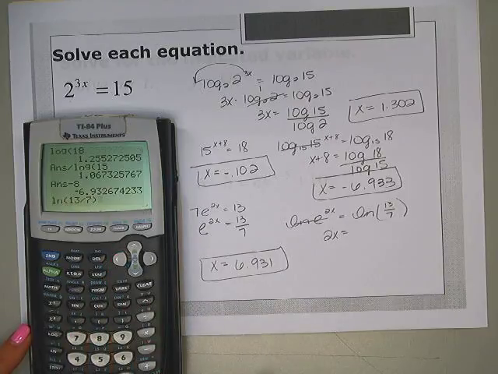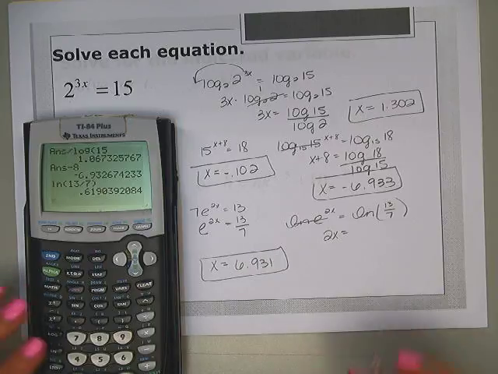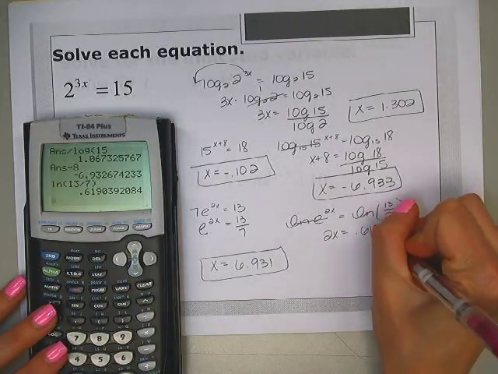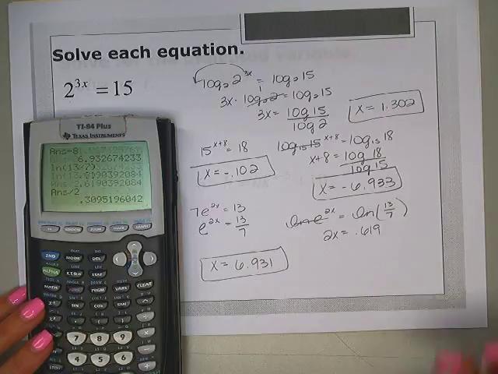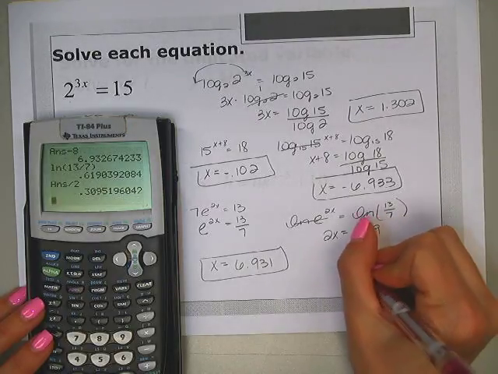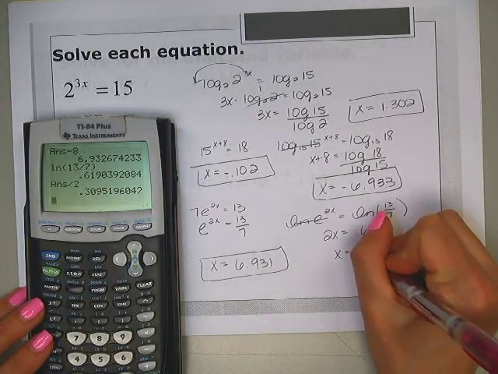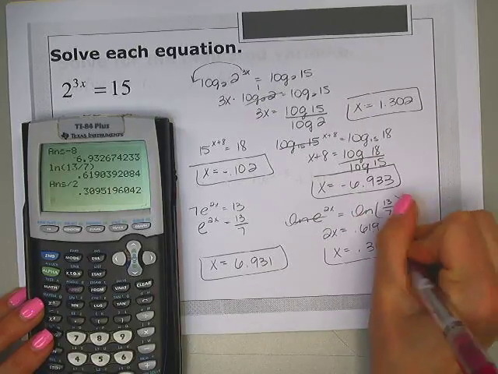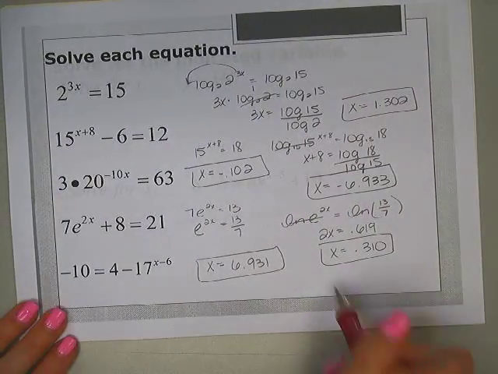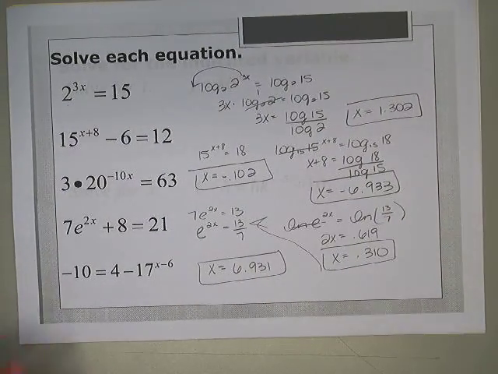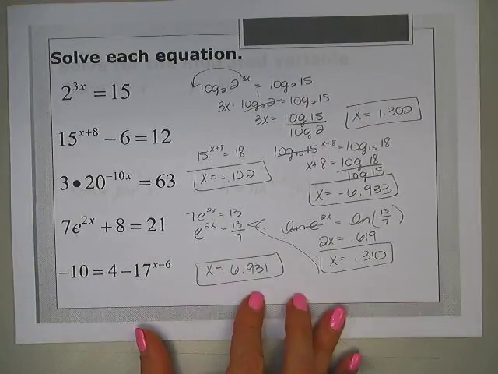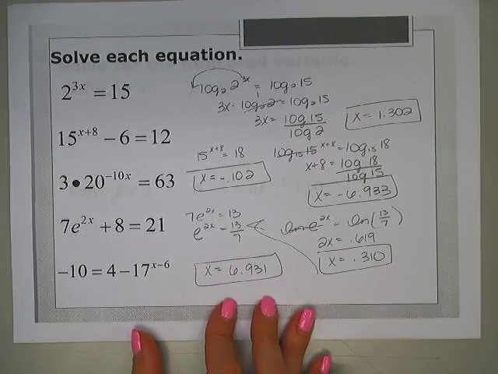Again, log base e of e, that's 1. So I'm left with 2x equals natural log of 13 over 7. We can do that in our calculators. Natural log of 13 over 7 is 0.619. We'll divide by 2, and we get 0.310.